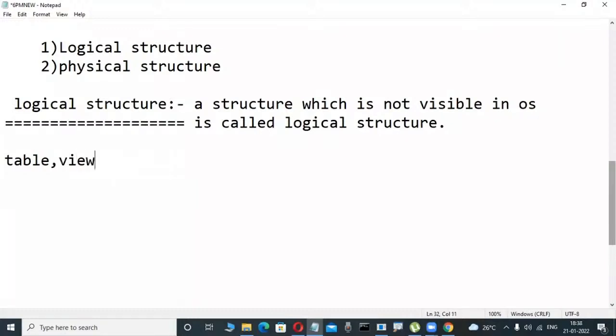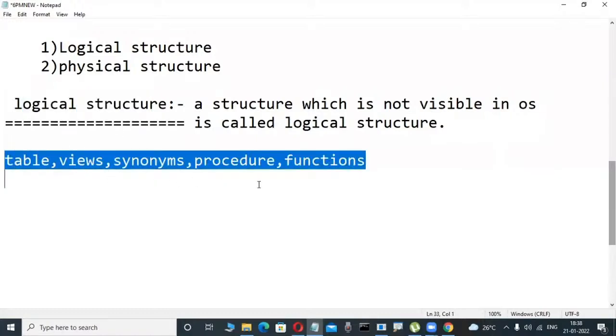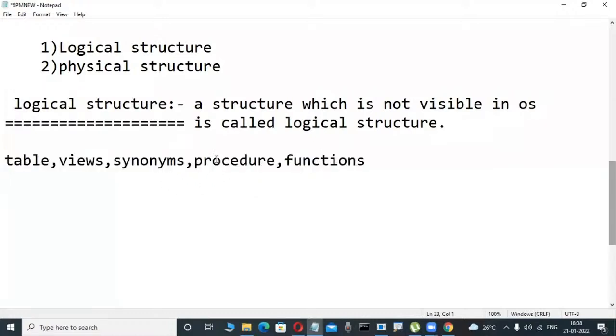Views are there, synonyms are there, indexes are there. These are all database objects. Procedures, functions, triggers, packages are there. So many things, all logical structure. That is not visible in the operating system. Whatever courses we are learning, so many objects are not present in the operating system.